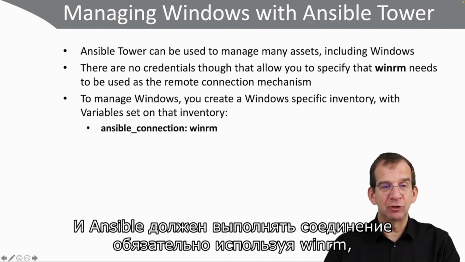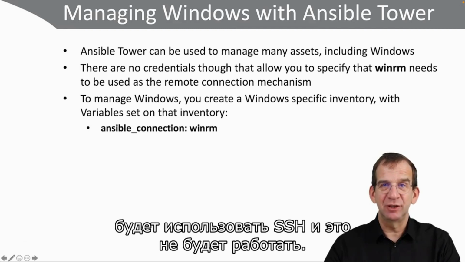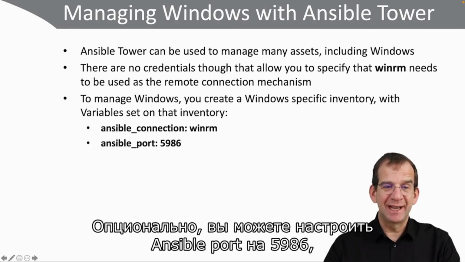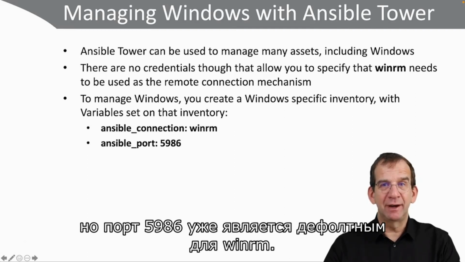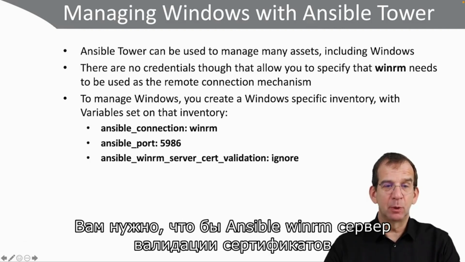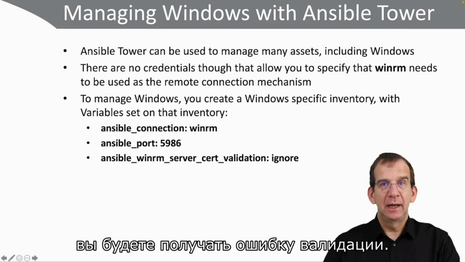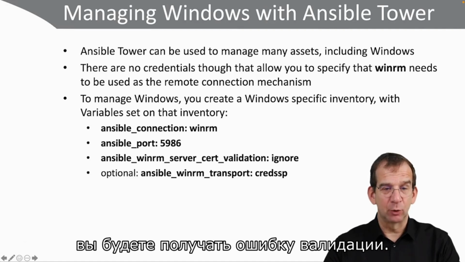So ansible_connection needs to be set to winrm, that's for sure, because otherwise Ansible is going to use SSH and that's not going to work. Then optionally you can set ansible_port to 5986, but the port is already 5986 by default for WinRM. You do need ansible_winrm_server_cert_validation to be set to ignore, because if it's not set to ignore, you will get certificate validation errors.